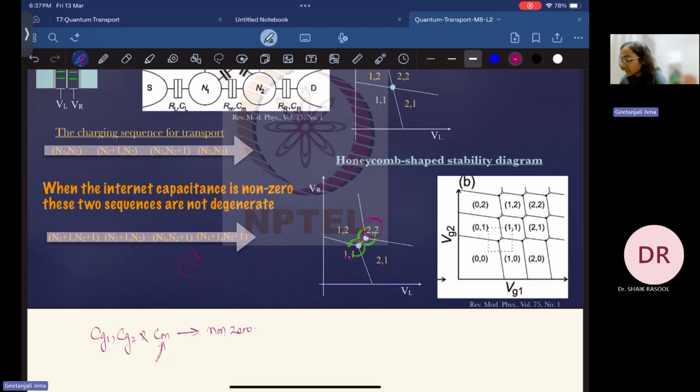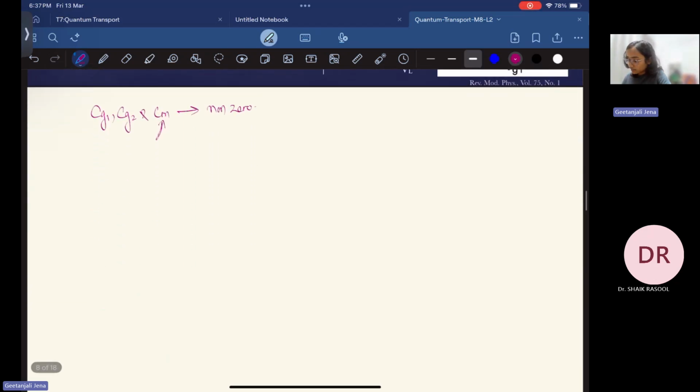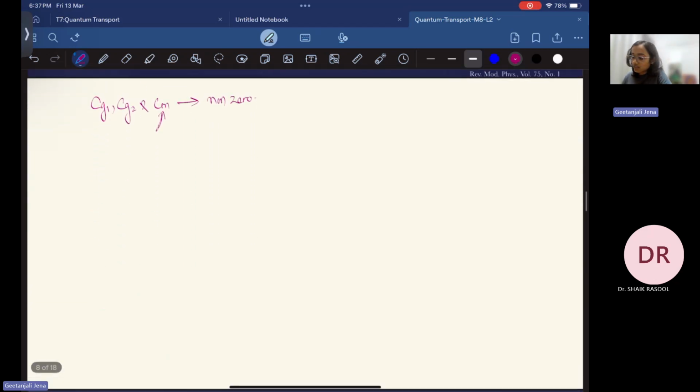You can also guess why the 2 state is getting shifted in the upward direction: the 2 state has more electrons, so the energy of this state is quite higher. That means we are applying more gate voltage to this state, so we'll see the 2 state at a higher gate voltage as compared to the 1 state.